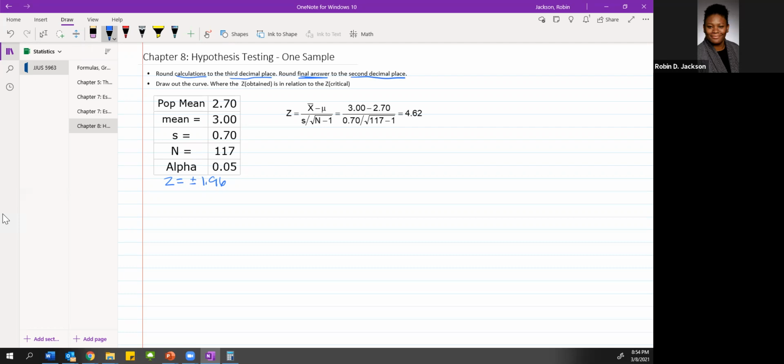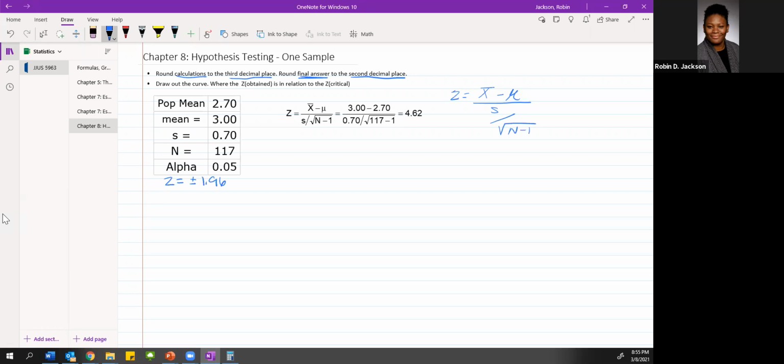All right, so let me go ahead and rewrite the formula up here so that I don't lose space. So Z is equal to the sample mean minus the population mean divided by the sample standard deviation, which is, you could do it like this, but either way, something that demonstrates there's division going on there, divided by the square root of N minus 1, okay?